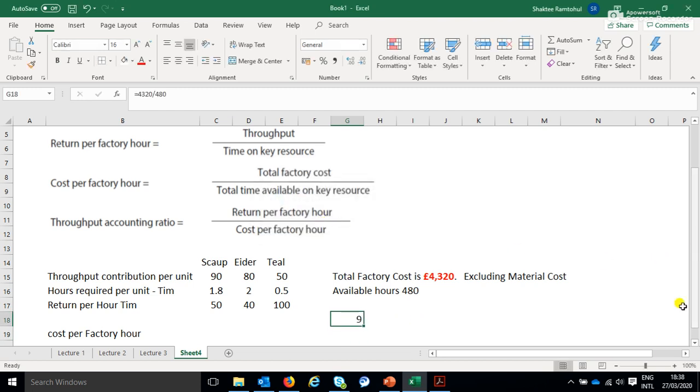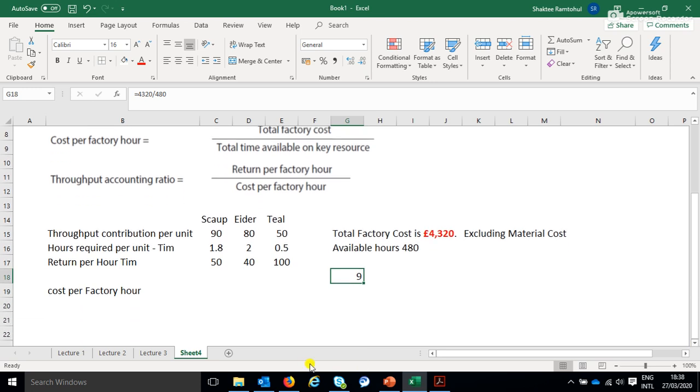So in effect, it costs £9 per hour to run the factory. So cost per factory hour is 9.